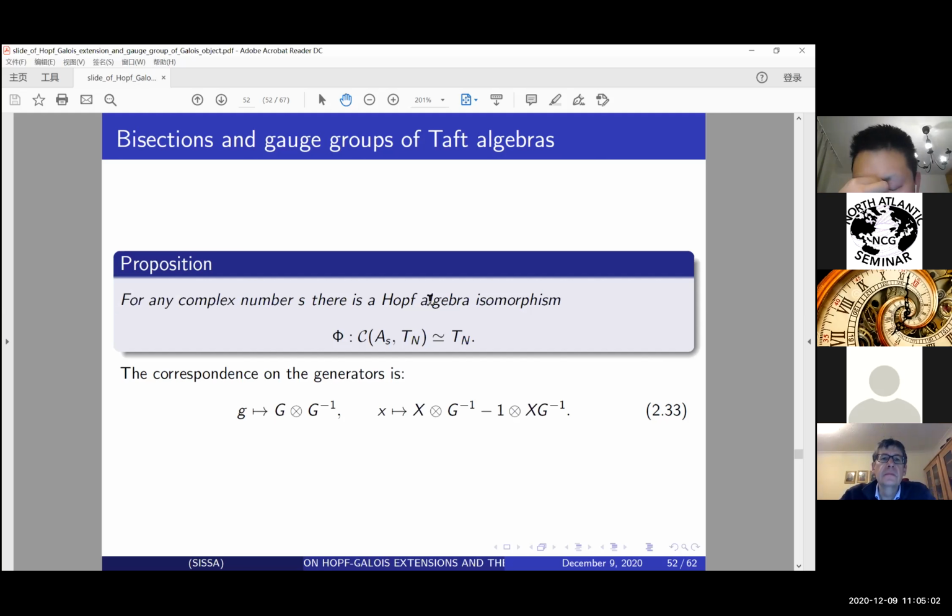However, you can prove that if there exists a modular pair in involution, then this Galois object is necessarily isomorphic to the Drinfeld double. So it is itself a Hopf algebra. It's just a fancy different way of writing a Hopf algebra. So this was a very important open problem for a long time: is it true that every finite dimensional Hopf algebra admits a modular pair in involution? And luckily, the answer was no. Somebody did a PhD in Dresden on it, and this was a tough problem which we couldn't solve for quite a long time.